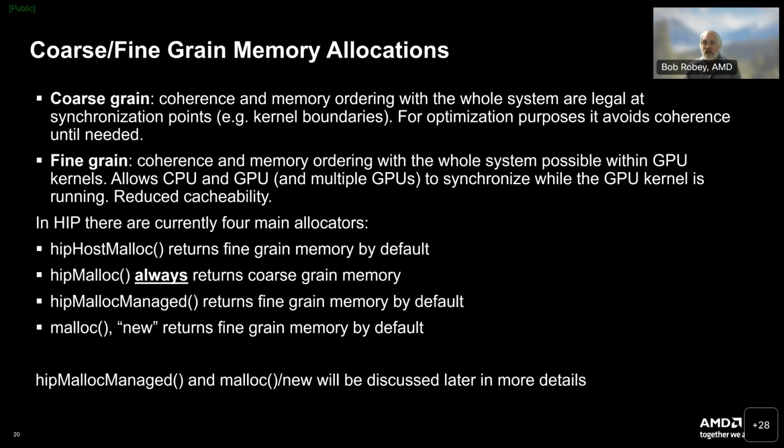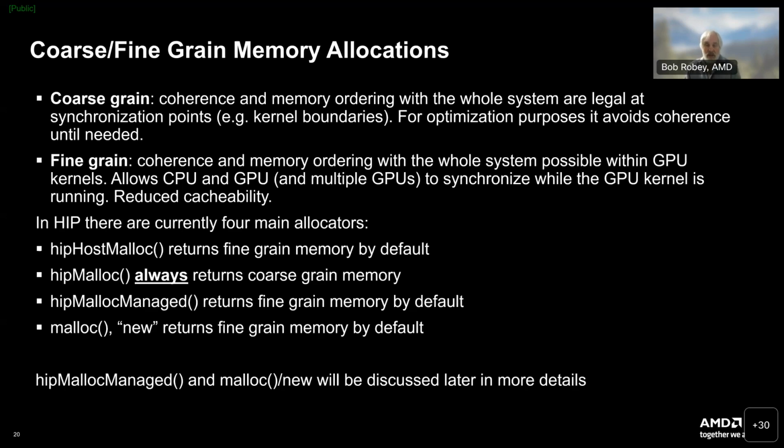So with fine grain, you can get coherence within a GPU kernel. And that allows some more powerful synchronization capabilities. So we can synchronize while that kernel is running, but it does reduce the ability to cache the data.